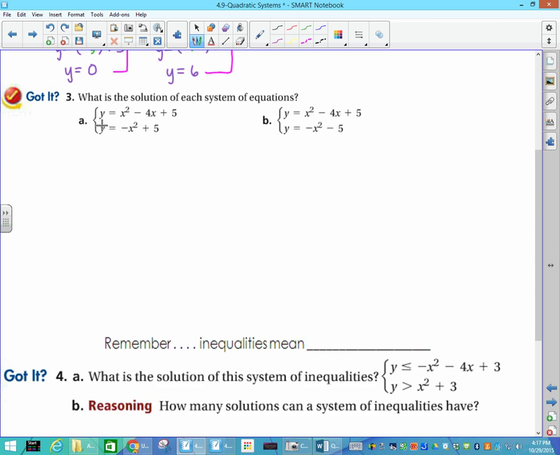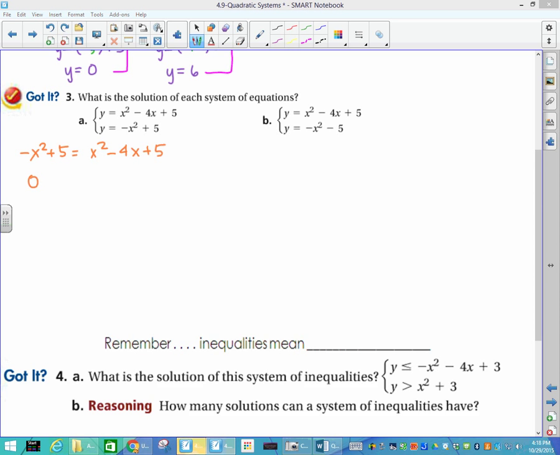Again, set them equal. They both equal y. Just go ahead and set them equal to each other. So I'm going to have negative x squared plus 5 equals x squared minus 4x plus 5. Okay, so when you look at that, you need to, again, set everything equal to 0. So I'm going to take these over here because I want a positive x squared.